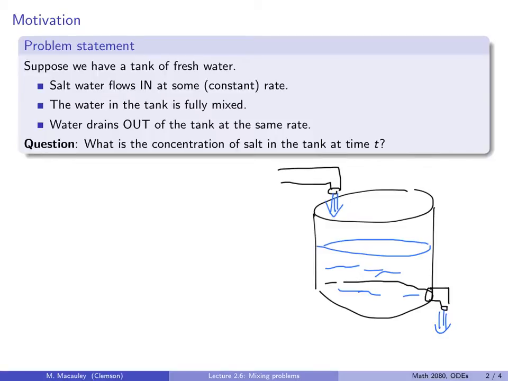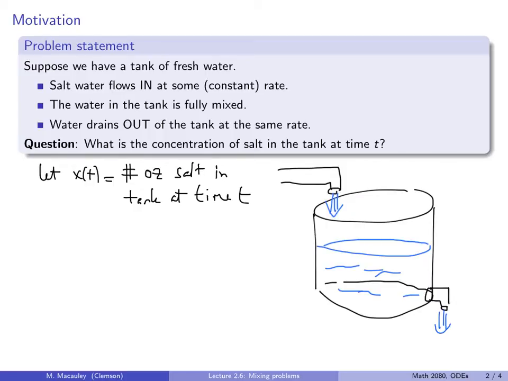Okay. So the question we want to know is, what is the concentration of salt in the tank at time t? Or alternatively, we could ask, how much salt is there in the tank at time t? To do this, let x of t equal the number of ounces of salt in the tank at time t.